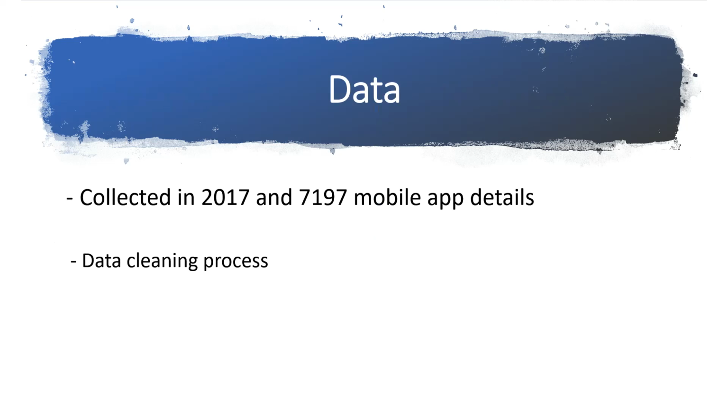The data are collected in 2017 and contains 7,197 iOS mobile application details. Data cleaning is divided into 6 steps. First, rename the selected attributes to make more understandable. Second, eliminate missing values.